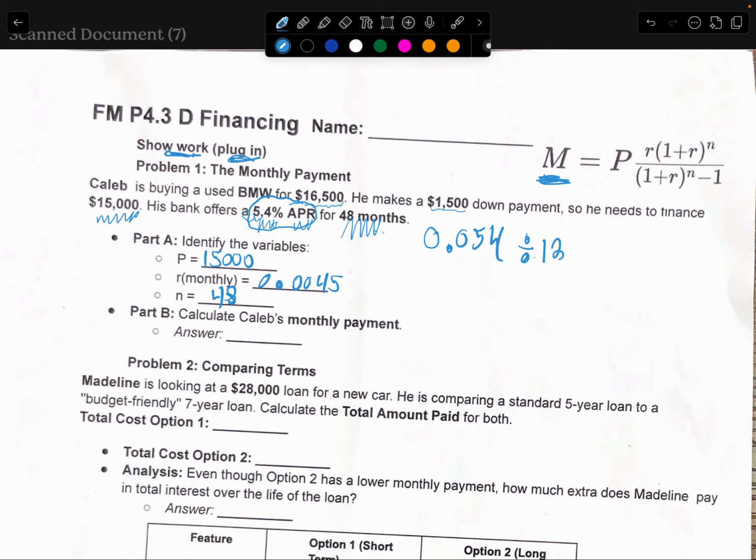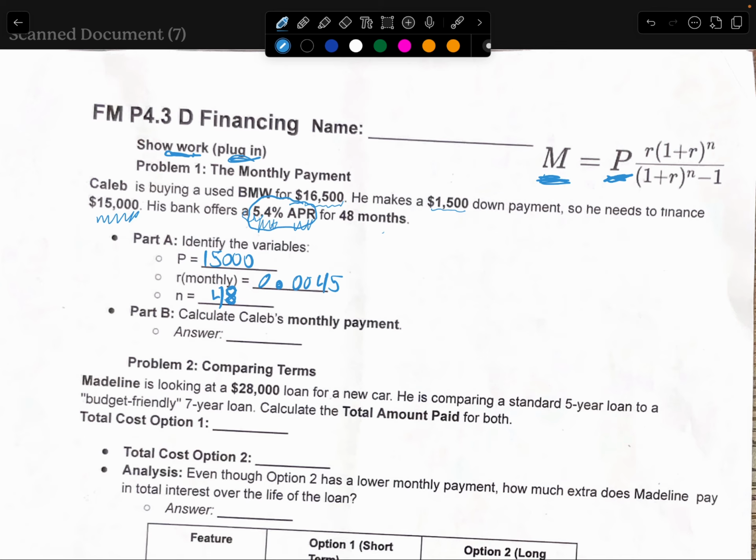And the trickiest part of this whole thing is just typing it in your calculator, for crying out loud. All right, so calculate Kayla's monthly payment. To get your monthly payment from the formula, I'm going to erase this so I've got more space. So the formula has the P multiplied by some fraction.